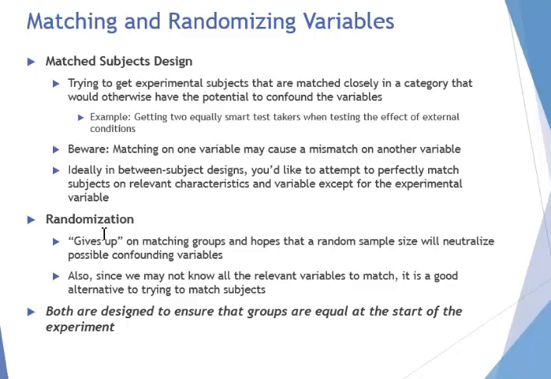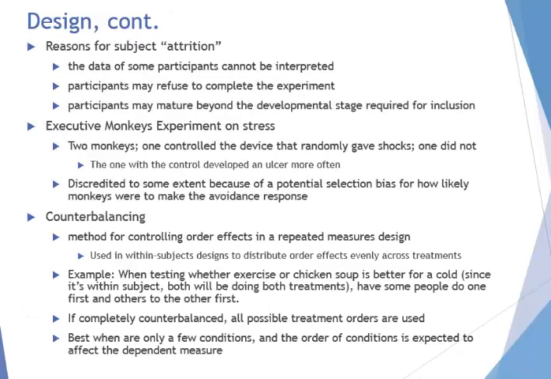Yes, you're going to have some people in each room that are smarter, and some people that have more stamina, and some people that are less influenced by the cold or the heat. But if you have a large enough sample size and a big enough group of people, hopefully those things will kind of even out. Matching subjects is the ideal, but if that's impossible, randomization is an acceptable alternative.